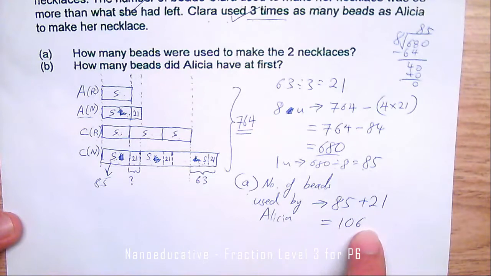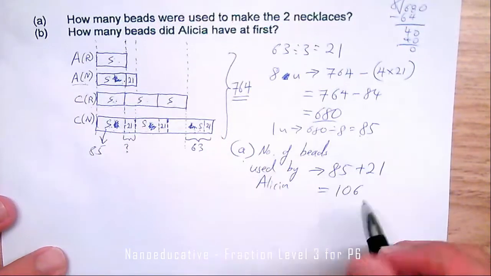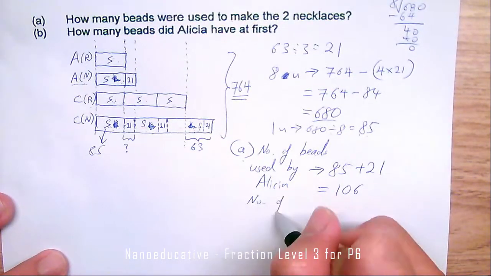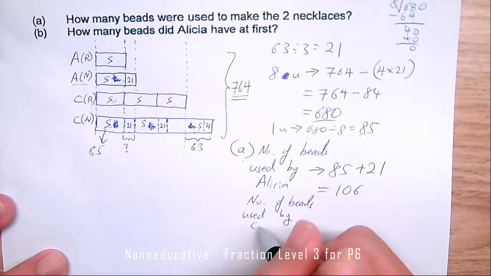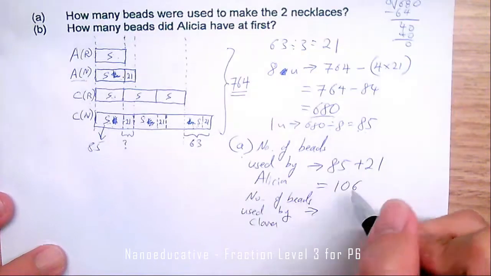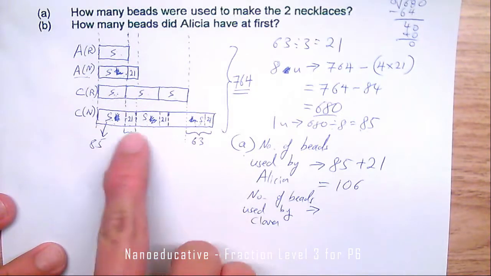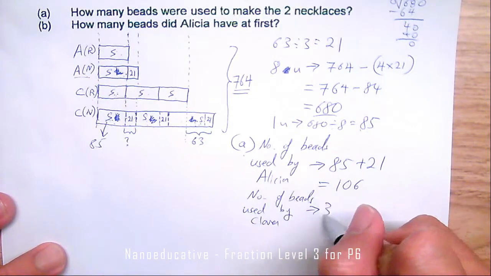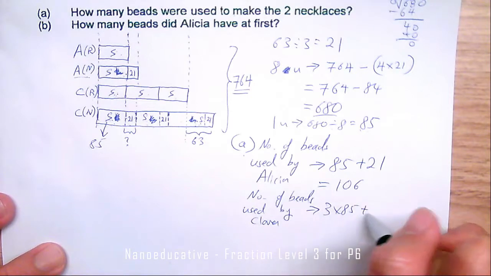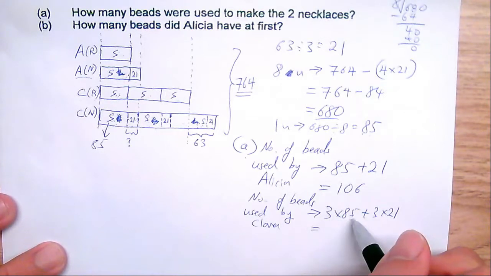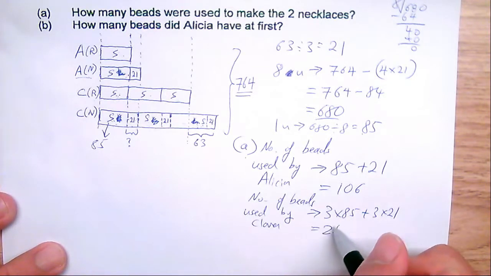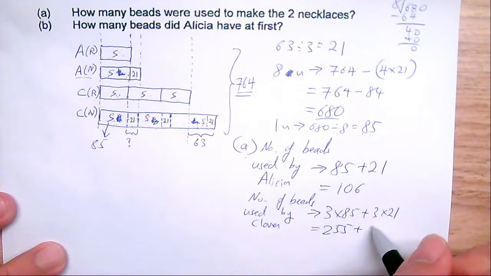Now, next one will be number of bits used by Clara. So number of bits used by Clara would be 3 sets of small bar plus 3 sets of 21. So it's 3 times small bar plus 3 sets of 21. Okay, giving us 3 times 85, that would be 255, plus 3 times 21 would be 63.